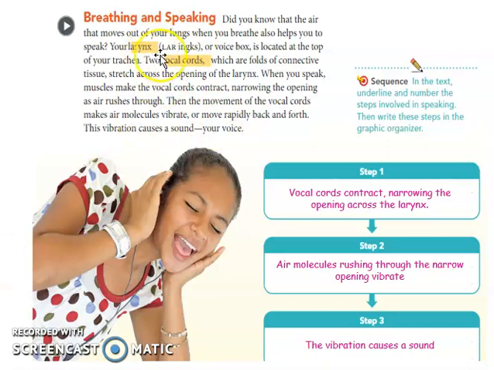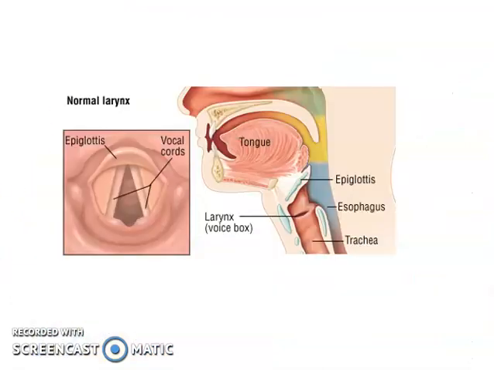By the way, the vocal cords are part of our larynx. If I show you here in this picture, this is the epiglottis, right? And then this is the part of the larynx, and inside the larynx you have the vocal cords. Okay, these two are called the vocal cords. When they vibrate, they create a sound. I will show you a video.